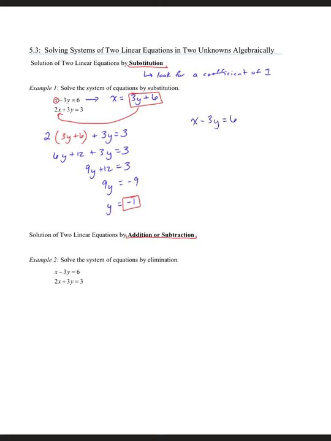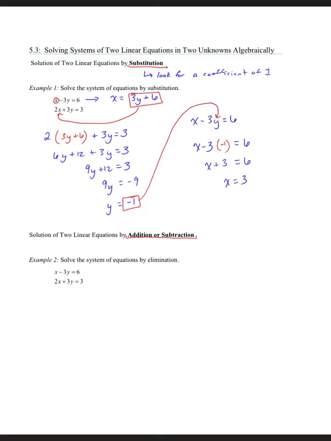So again, I'm taking this negative 1 and I want to substitute it in for our y. So we get x minus 3 times that negative 1 equals 6. To continue solve this, we have x plus 3, subtract a 3 from both sides to get x equals 3.